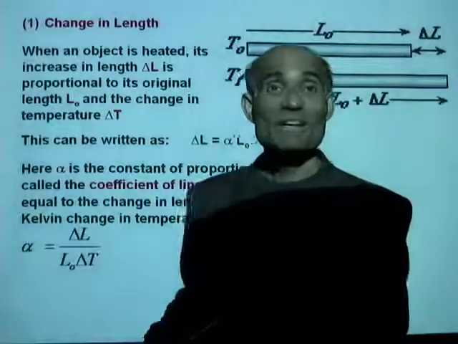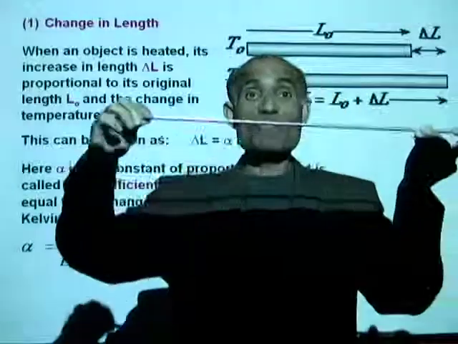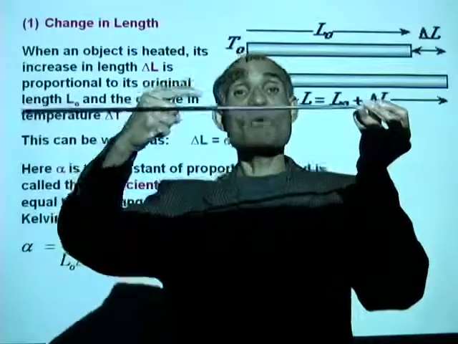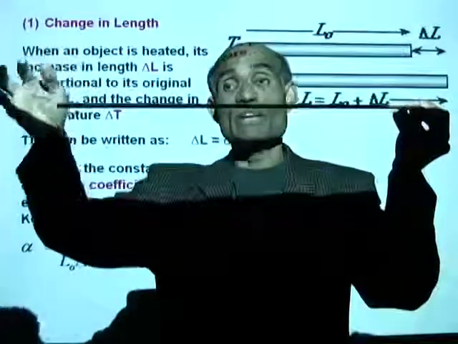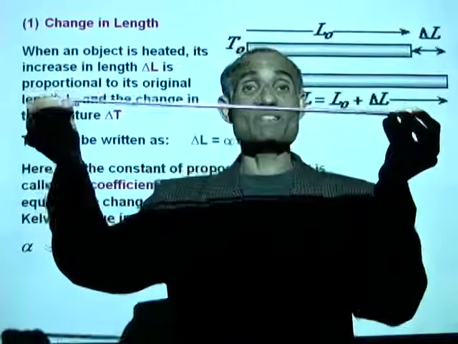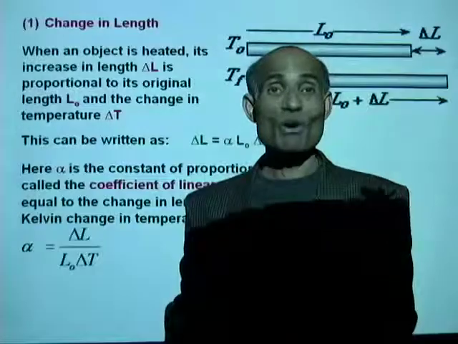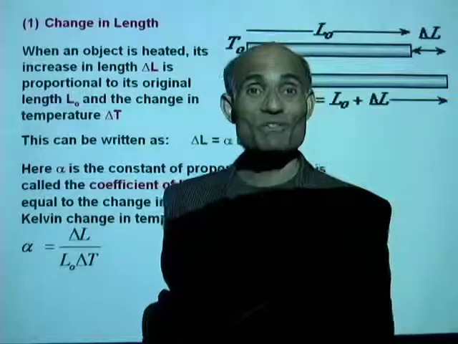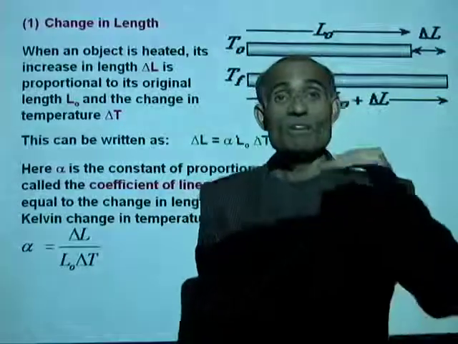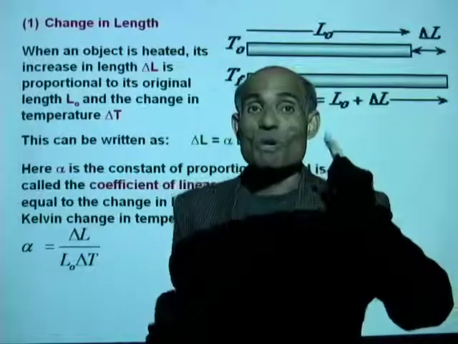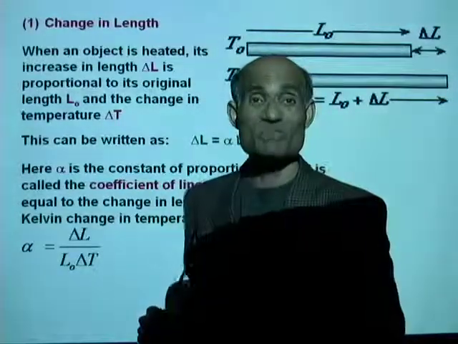In other words, if I take a rod of length 1 meter and heat it by 1 Kelvin, the increase in length at that time will be a measure of alpha, the coefficient of linear expansion. It is a measure of the increase in length per unit length per Kelvin rise in temperature.